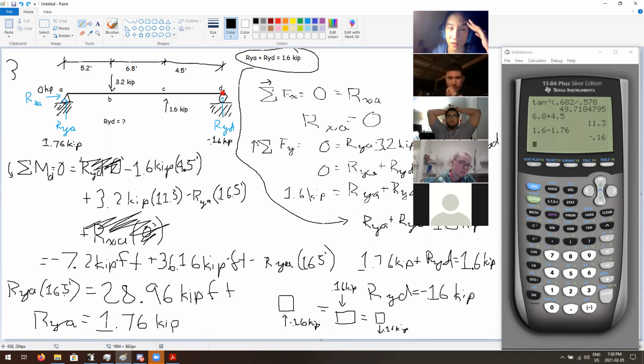So this is correct: pointing up with a force of negative 0.16 kip. You can also notate it as pulling with positive 0.16 kip, but we're just going to keep it simple. It's going to push up with a force of negative 0.16 kip.